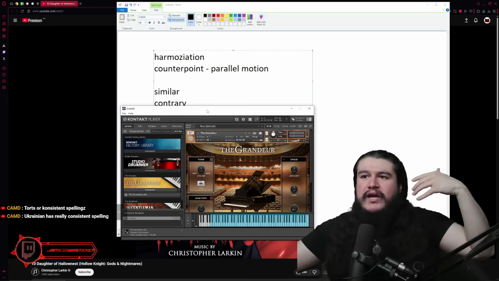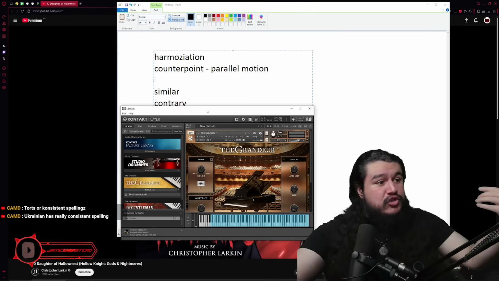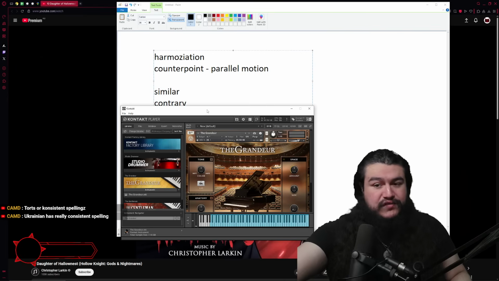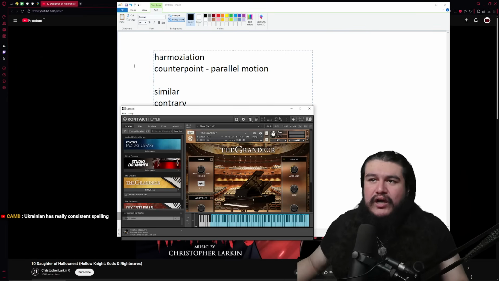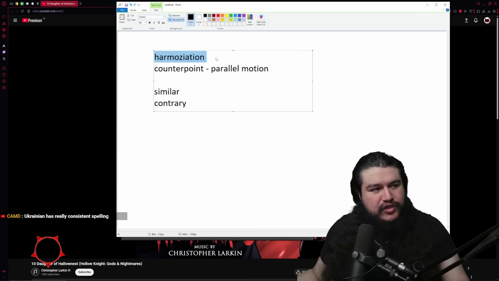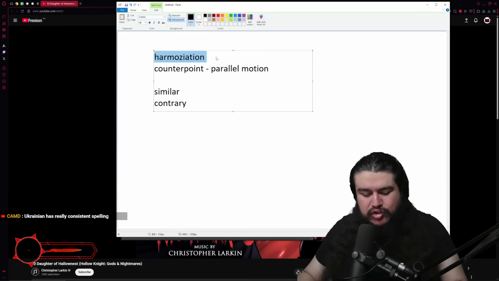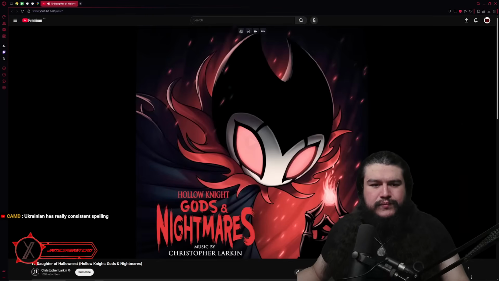That kind of thing. And parallel motion is when you have two melodies playing the exact same thing, just from different starting points in the scale. That kind of thing. So we now have the women, and we call that harmonization when it comes to singing, usually. Or in general, that's more of a contemporary term. Let's see where this goes.